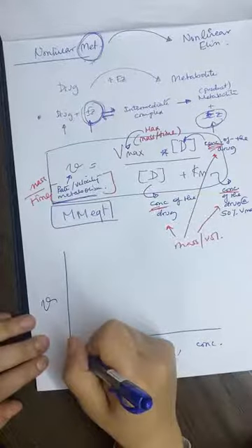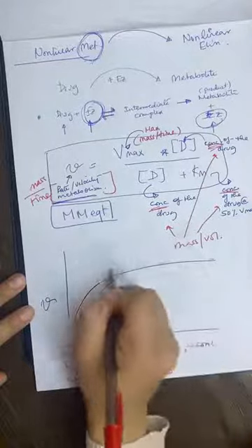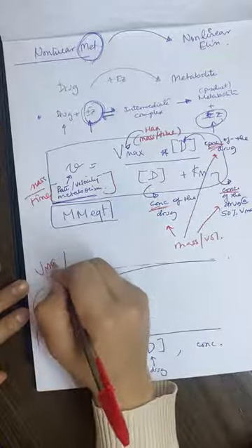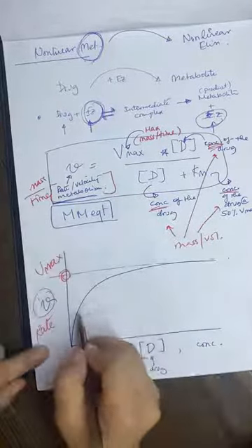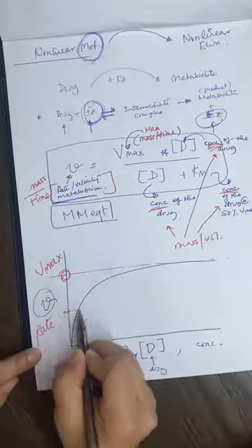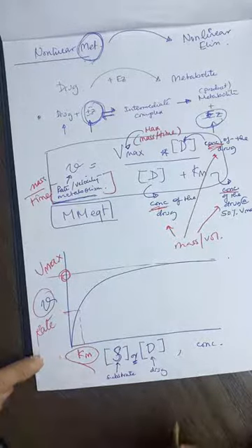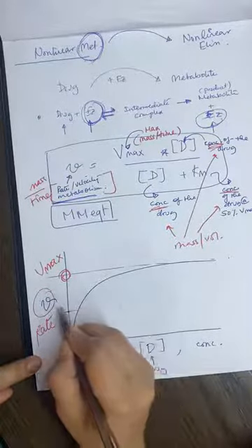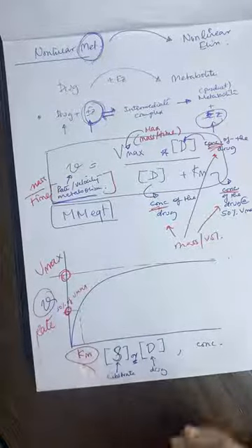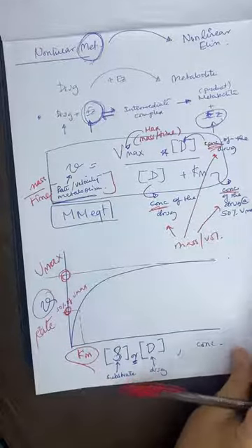Okay, we said it's a rate, so this is Vmax. You will have it on the y-axis, and then we have the concentration that is needed to reach 50% of Vmax. This is 50% of Vmax. This is called Km. Okay, so this is the Michaelis-Menten equation that we have.